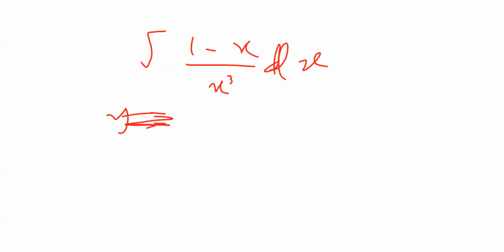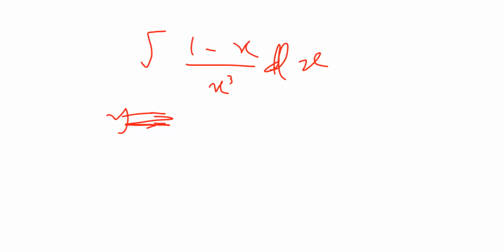Okay, it's raised to power 1. I would say 1 minus x over x raised to power 3 over 2. Where do you see 2? Is there anything inside?